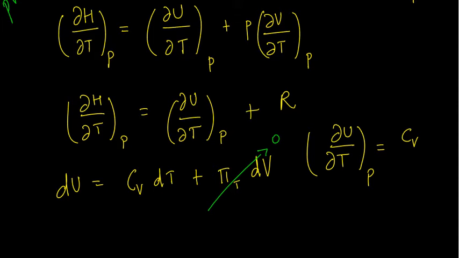This is the total expression of dU. I don't have any conditions of constant volume or pressure for the moment. For an ideal gas, if there is no change in temperature, there is no change in internal energy. This is something we already know. Now I want to see the change of internal energy with respect to temperature held at constant pressure, and that comes out to be nothing but Cv.